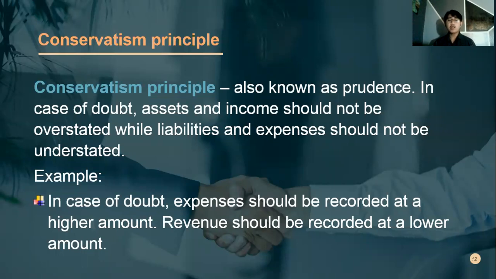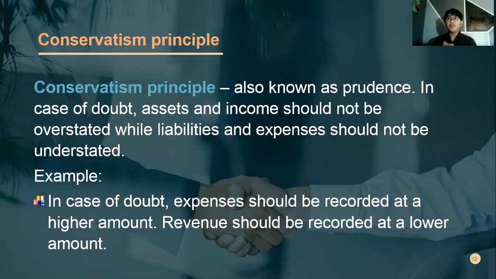When we say conservatism principle, it is also known as prudence. In case of doubt, assets and income should not be overstated while liabilities and expenses should not be understated. Ibig sabihin nito, in case of doubt, expenses should be recorded at a higher amount.